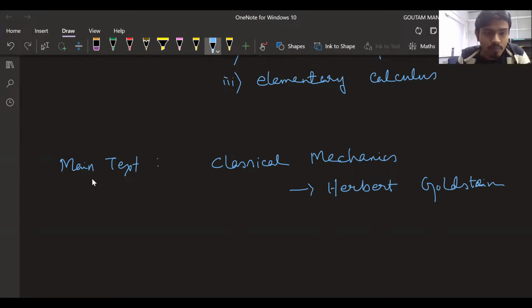For problems and exercises, I will follow the main text.